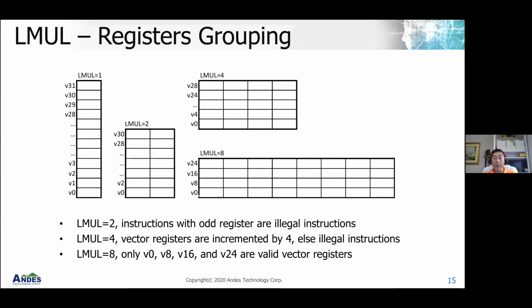Okay, and so the LMUL concept is actually very powerful, because for Andes we have 128-bit to 512-bit, and the LMUL can make the register become 4K bit, and so one single instruction can address a 4K-bit operation.